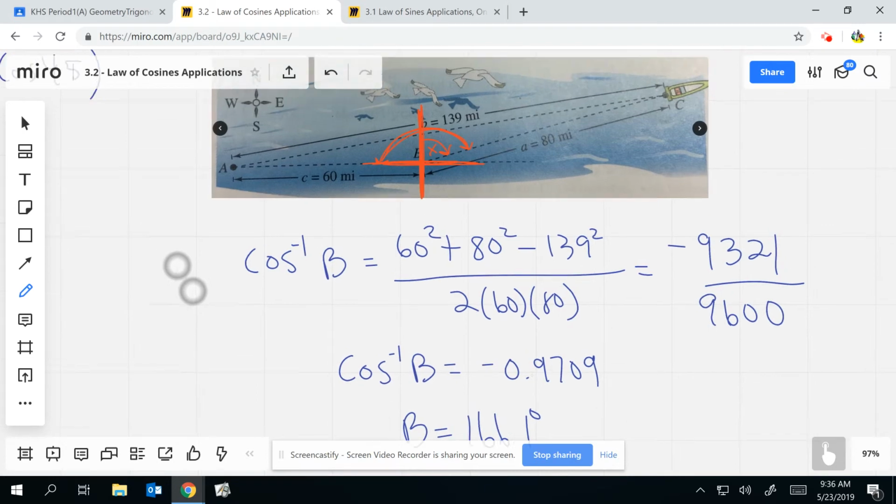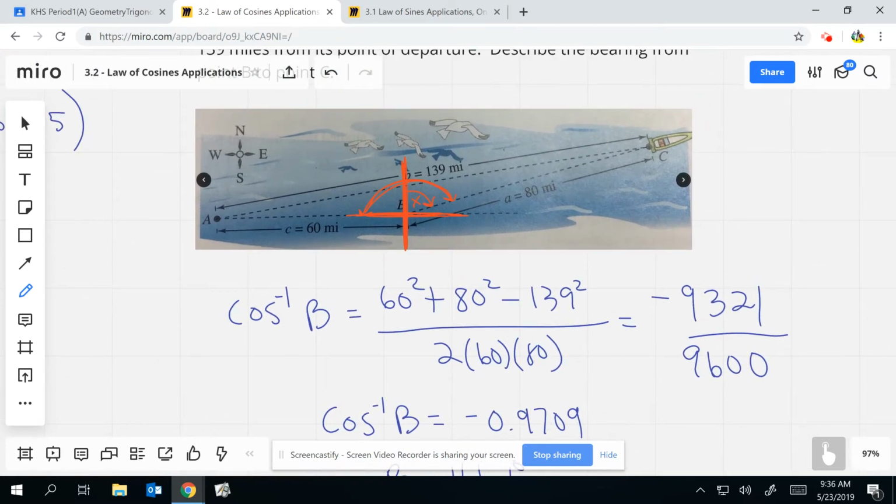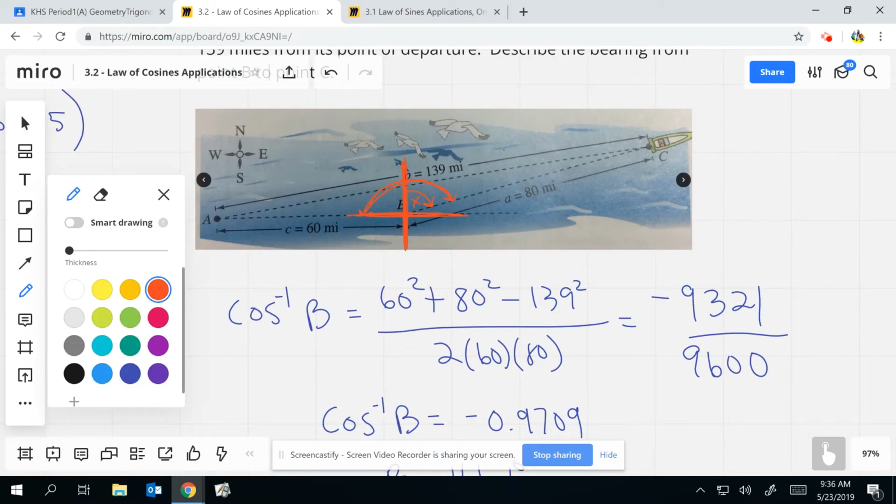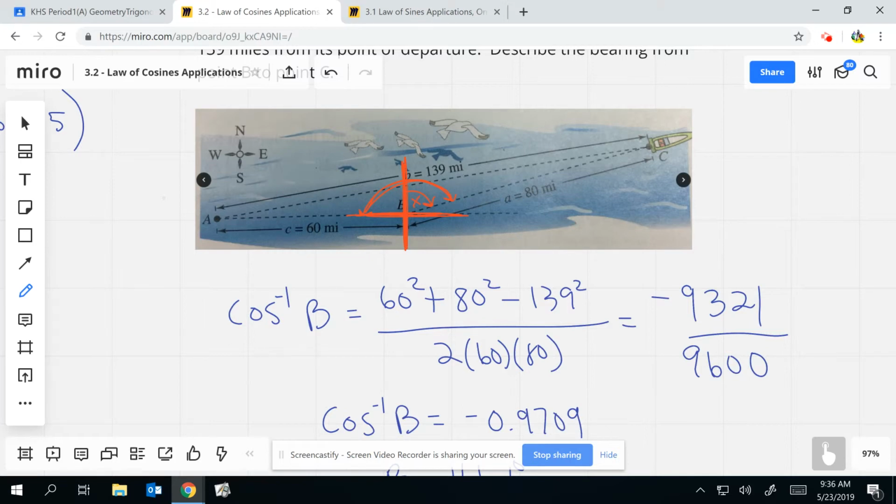So what we just found was that the whole angle from here all the way over to this dotted line right here is 166.1 degrees. That's not what my x is, though. I want the bearing.